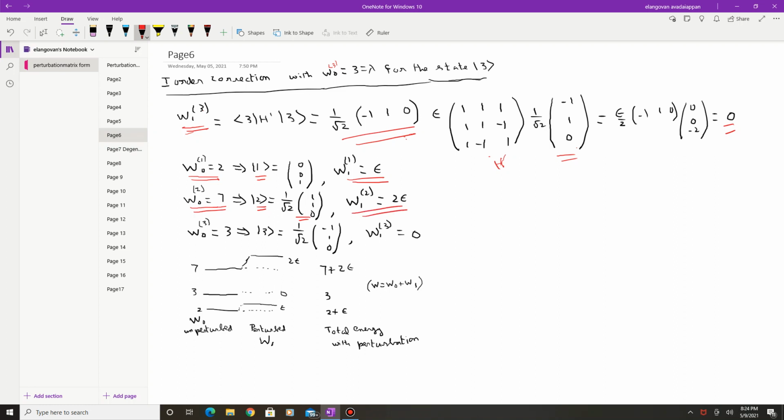For the third state, the unperturbed energy W0 is 3, ket 3 is the unperturbed state 3, and the first order correction energy for the third state is 0.